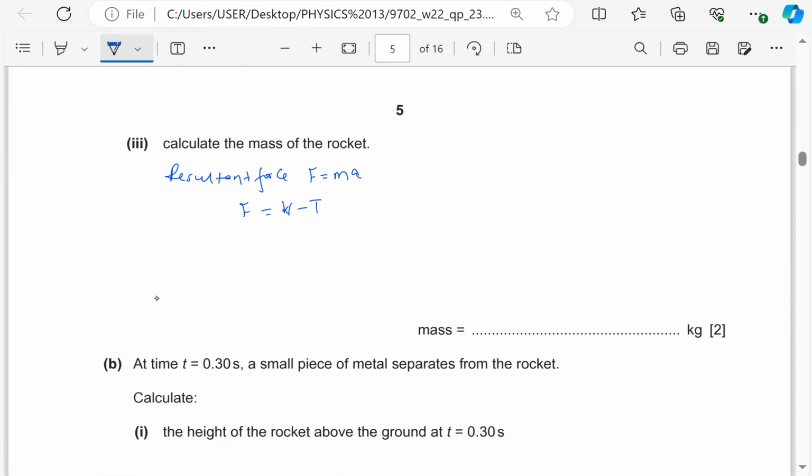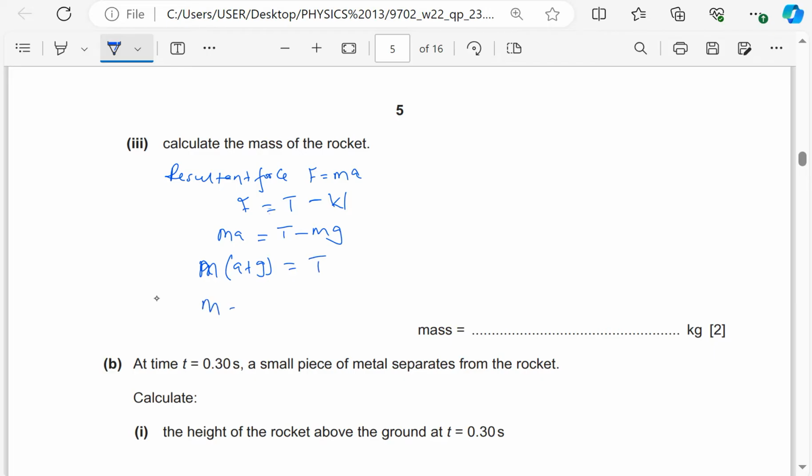So let the resultant force be the thrust upwards minus the weight downwards. The resultant force is MA, which is equal to the thrust T minus mg. When I collect like terms, m times (A plus g) is equal to the thrust.